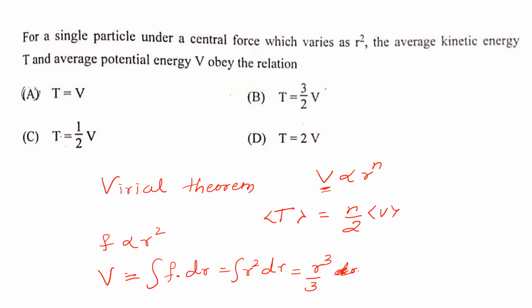That means V is depending on third power of r. Therefore the average kinetic energy T can be written as 3 by 2 into average potential energy. Therefore option B is the right answer.